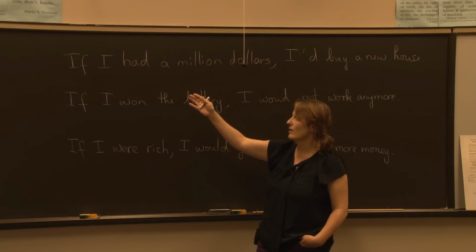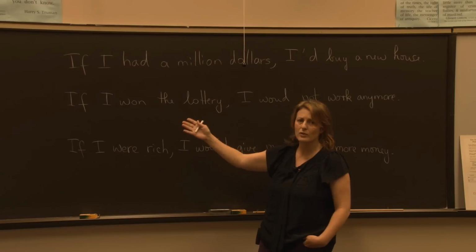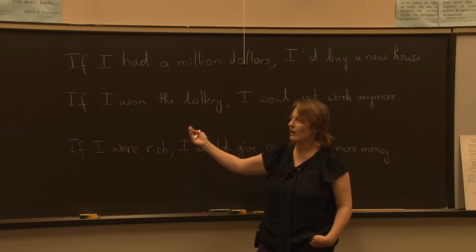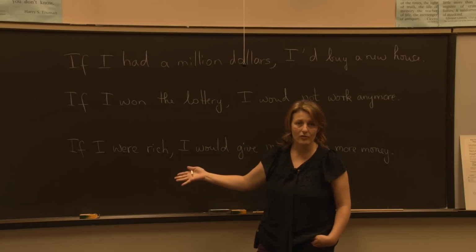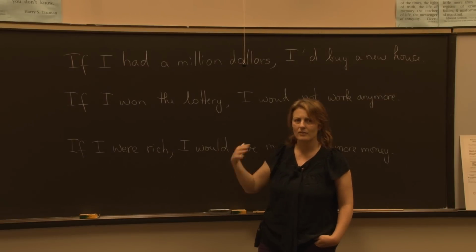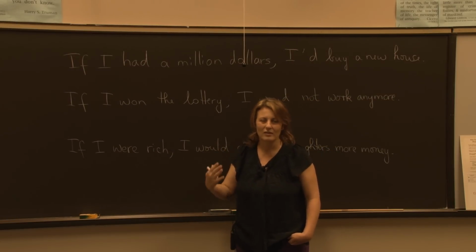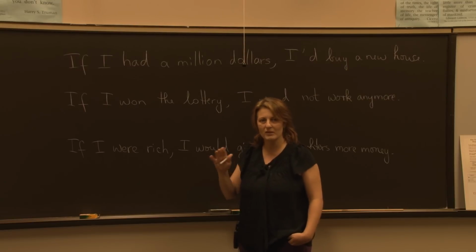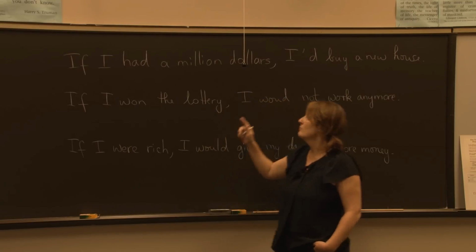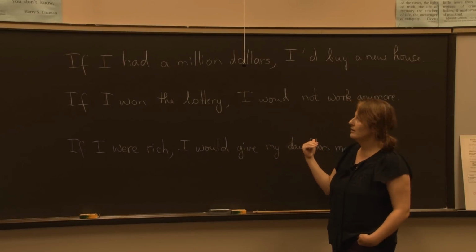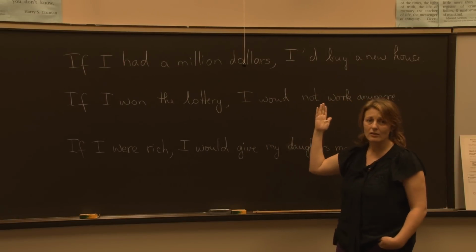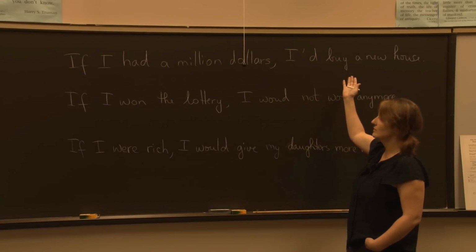You don't say if I would have, if I would win. In the if clause, you use the past tense of the verb, no? You might not even realize that because you do it, it's your own language, but that's the rule. Usually no would plus infinitive in the if clause. But in the other clause, the independent clause, you do would plus infinitive.